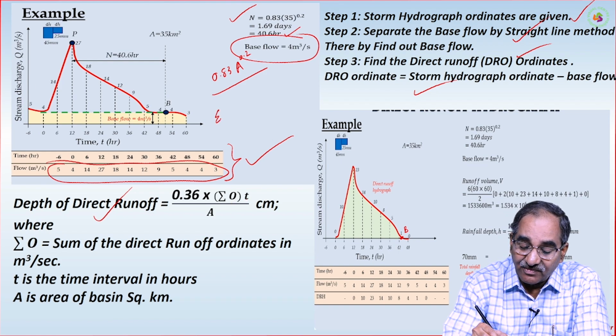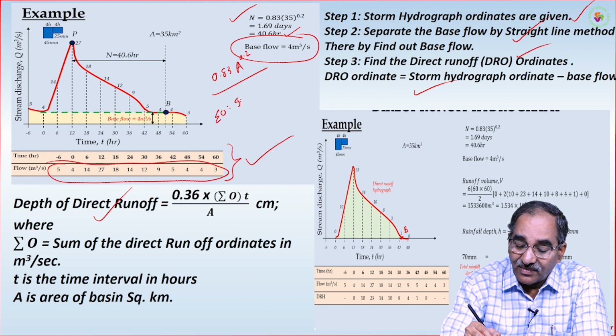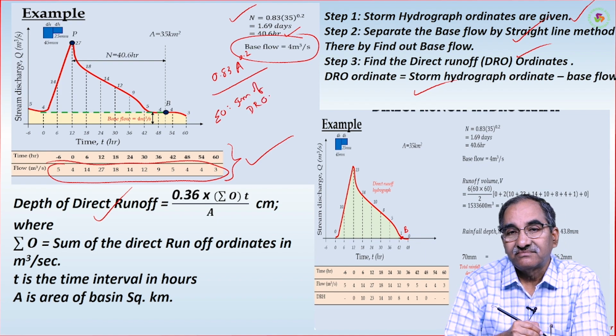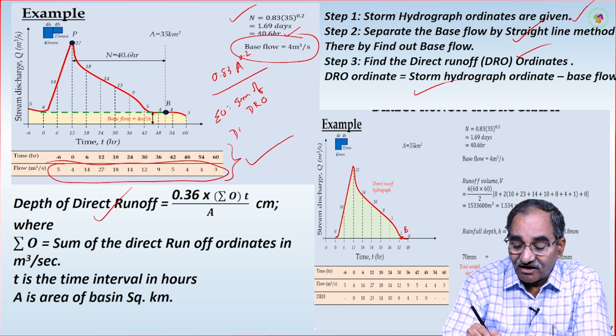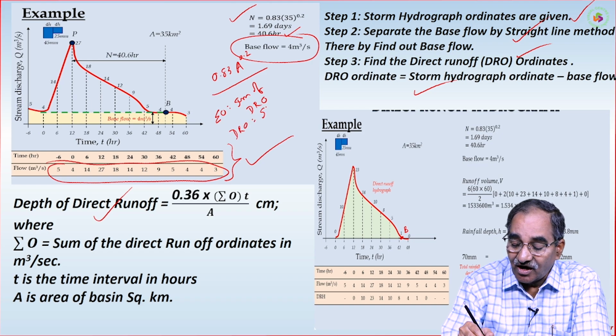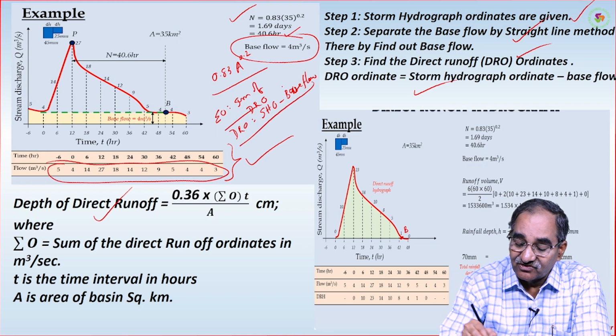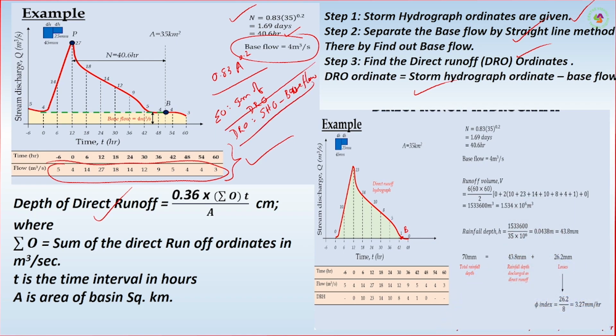Sigma O is the sum of direct runoff ordinates. What is direct runoff ordinate? It is equal to storm hydrograph ordinates minus base flow. These are the things you should always bring to your mind. And if you calculate it, you will get it.